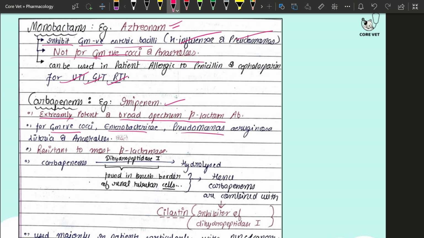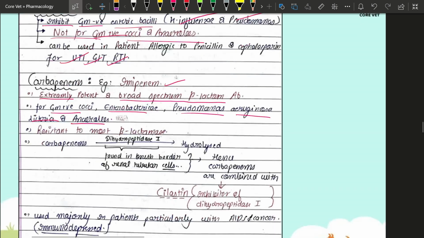Pseudomonas aeruginosa is also affected by the carbapenems, right? Also Listeria and several anaerobic bacteria, right? One more thing is that they are resistant to beta-lactamase, right?